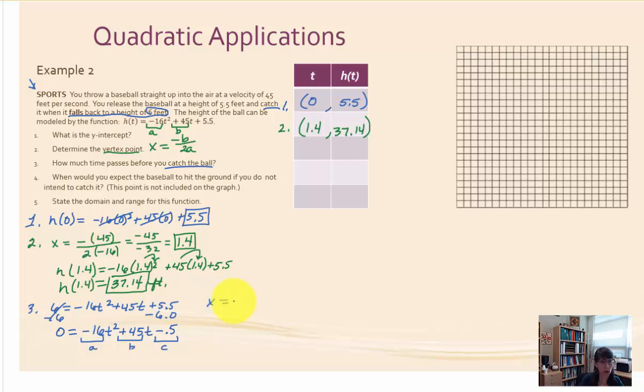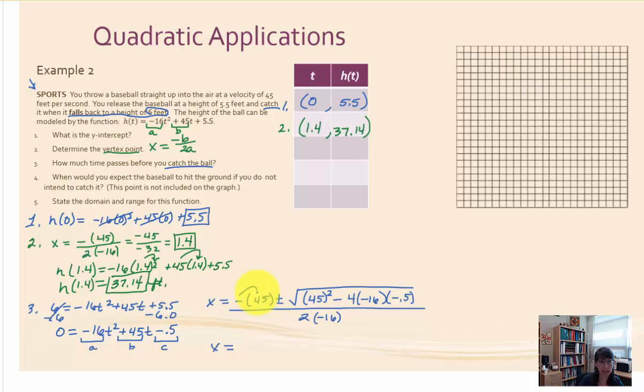Using the quadratic formula then, negative times B plus or minus the square root of our quantity of B squared minus 4 times A times C. And all of those terms are going to be divided by 2 times A. That gives us 2 times negative 16.